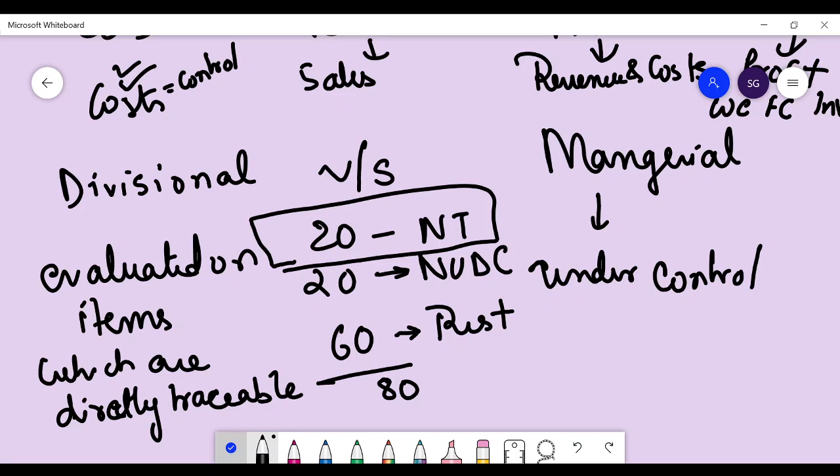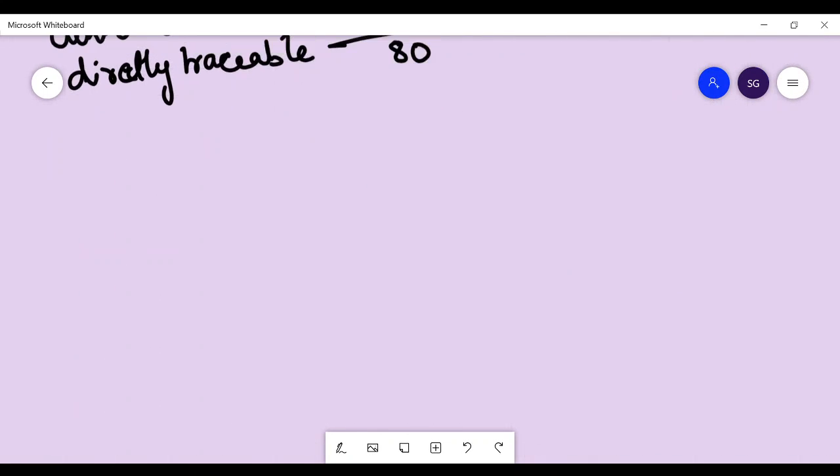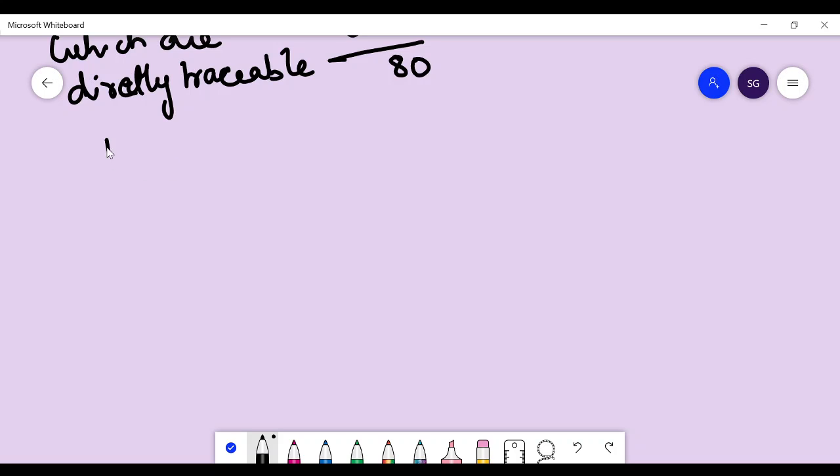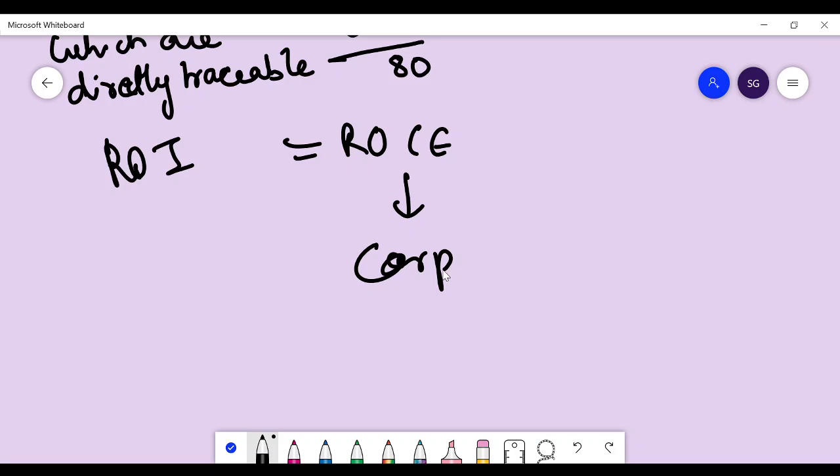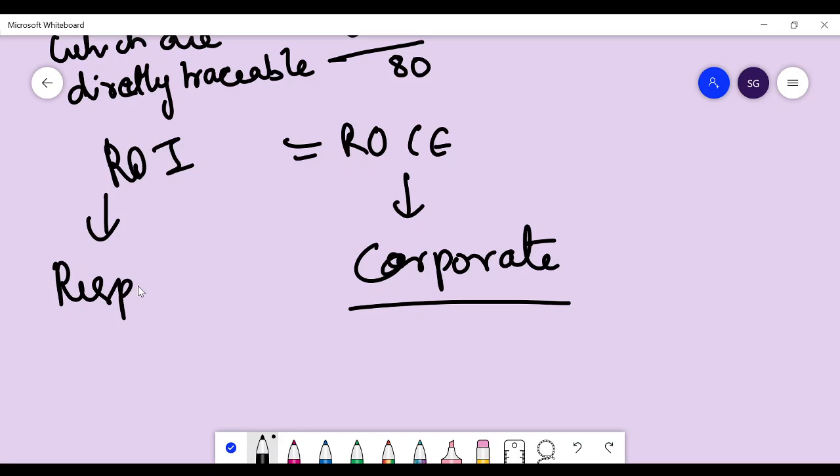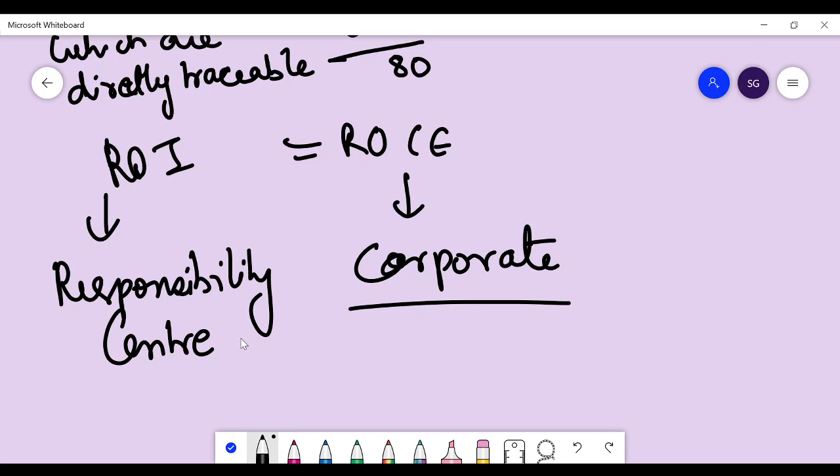Next, we have return on investment, which we also call return on capital employed. When we do a corporate analysis, we use the term return on capital employed, and when we do a responsibility center analysis, then we use return on investment.